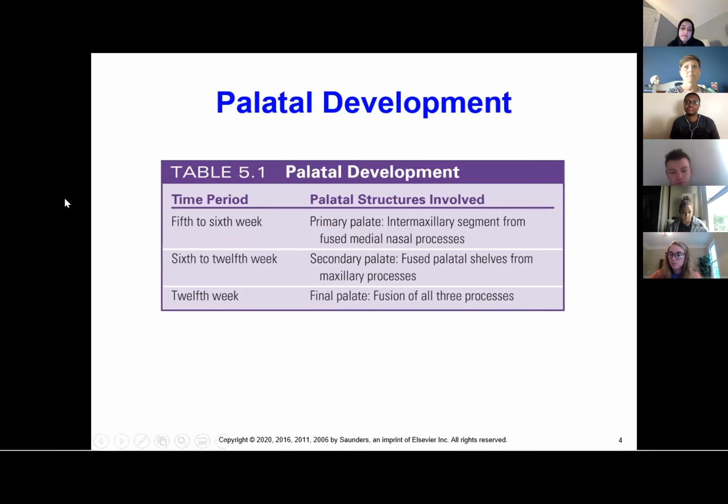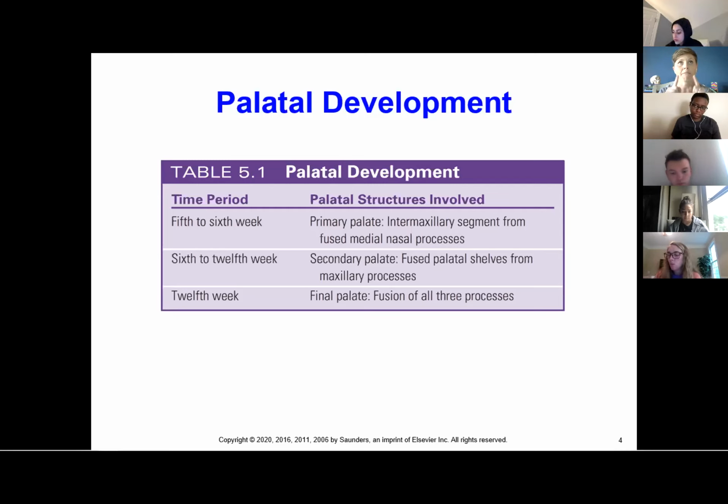Let's see. Okay, so here is our palatal development. It's a very nice little structure. Fifth to sixth week, that primary palate, the intermaxillary segment. Remember, that's the segment that is basically the most anterior portion. Cleft lip usually comes from the nasal septum down.